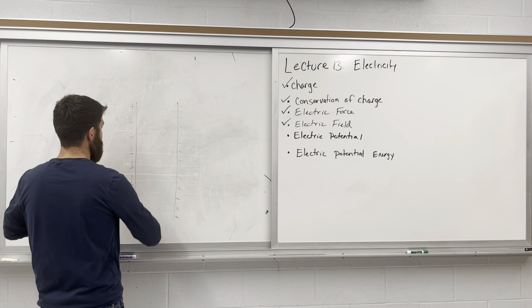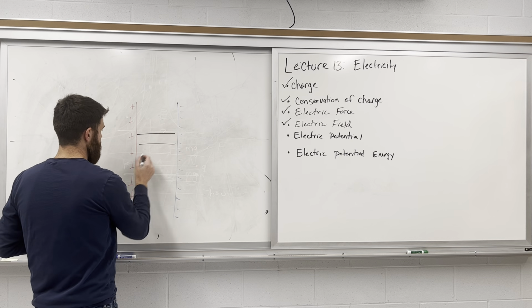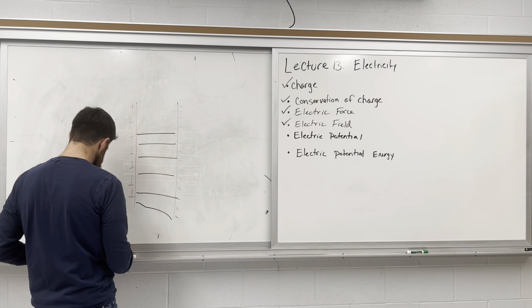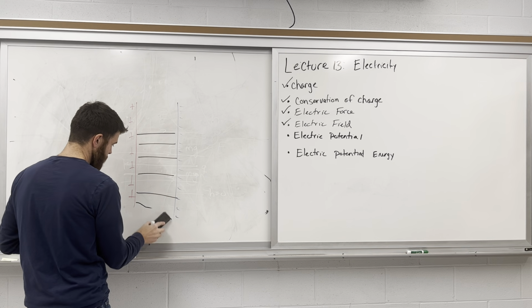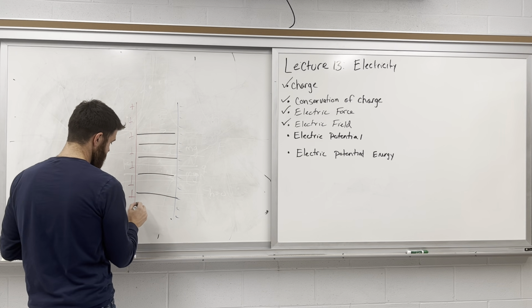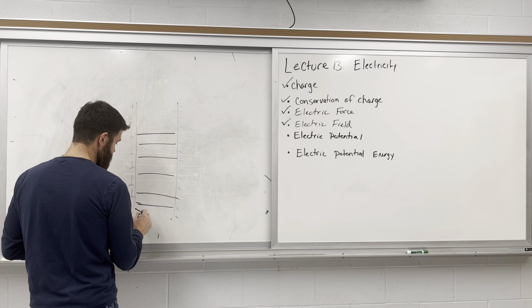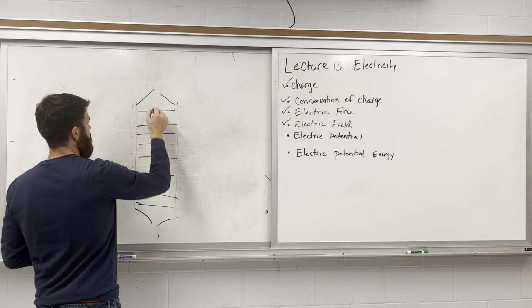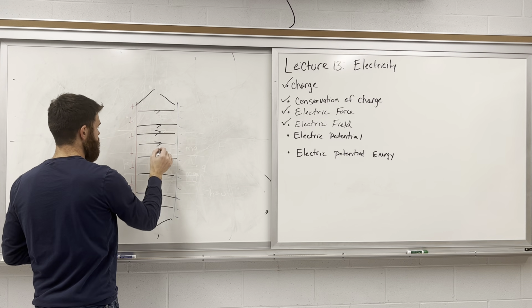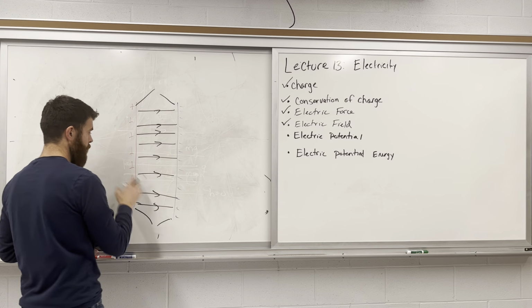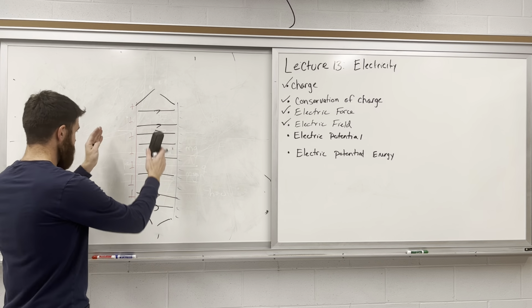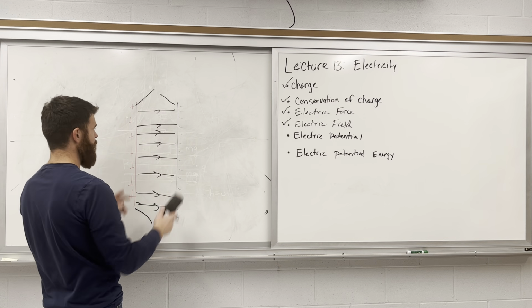And here in the center, the field lines are straight across. At the edges, the field lines might stray a little bit. But in between those plates, the field lines are straight across. So that's how you can create a uniform electric field, by two plates that have opposite charge.